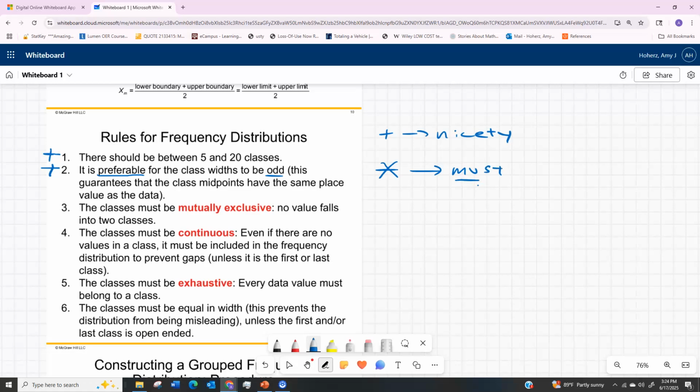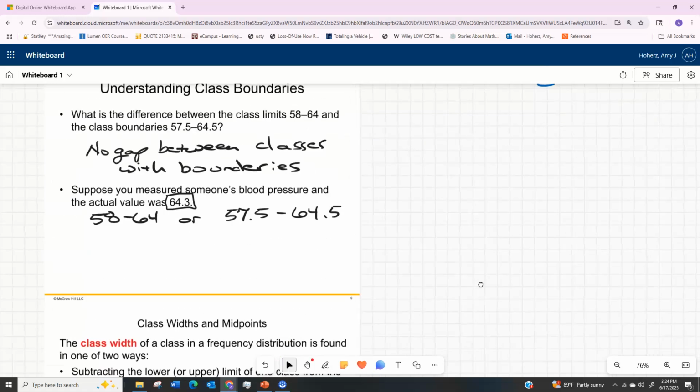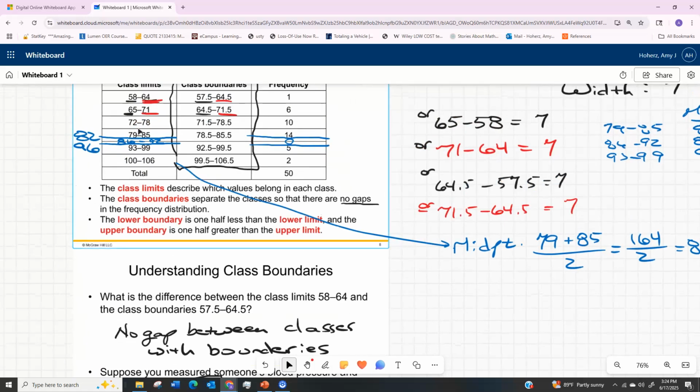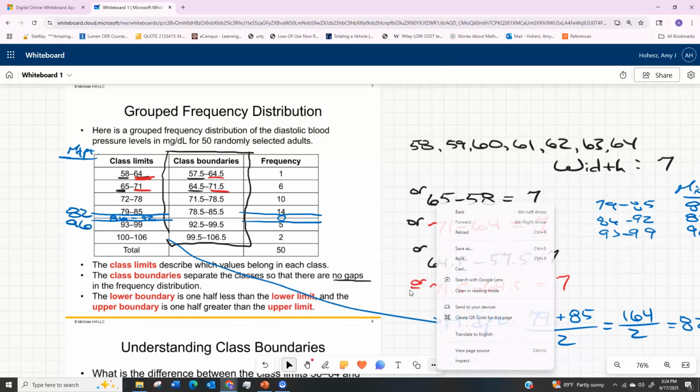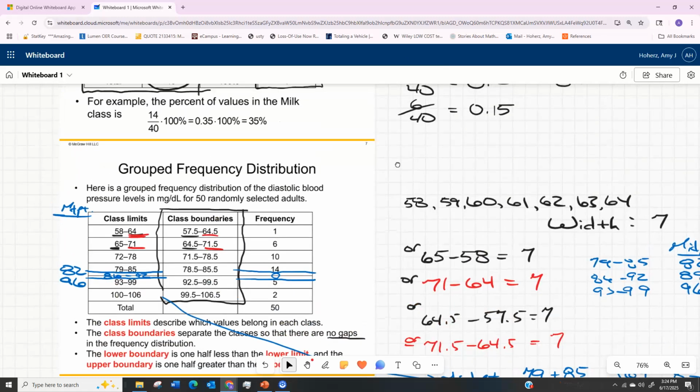Okay. The classes must be mutually exclusive. And that means you can't overlap the classes. So you can't have, for instance, in our example, a class that went from 68 to 64 and then have the next class start at 63.